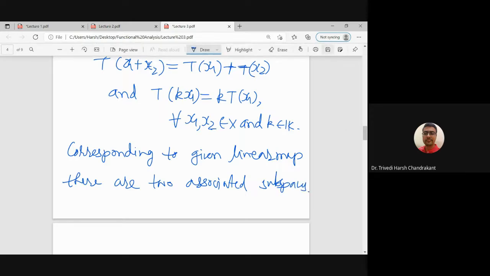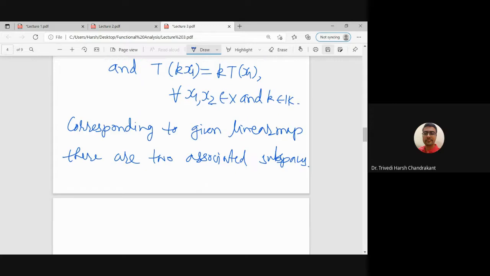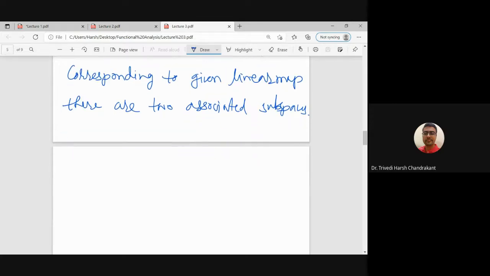Right, so every linear map is associated to two subspaces. One is called the range and the other is called the kernel or null space. So the first one is defined as the range of T.